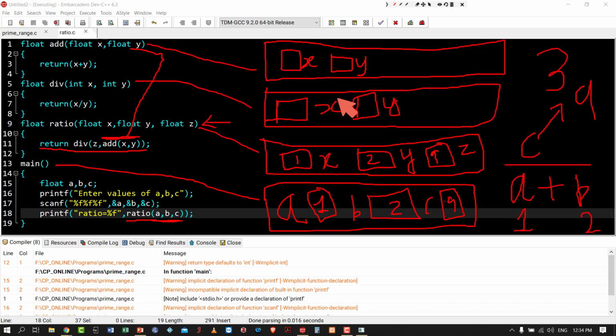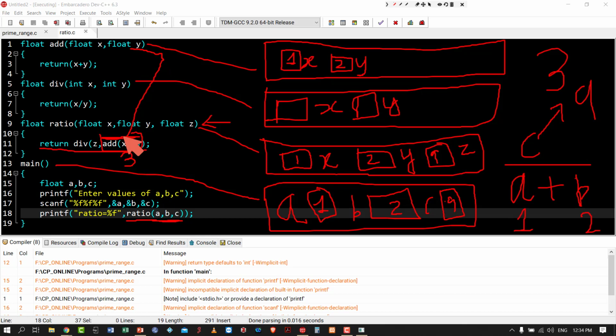X becomes 1 in addition, and y becomes 2. So here, return x plus y. X plus y means 3. 3 will be returned. Where will it be returned? It will be returned instead of add x comma y. Here this becomes 3.